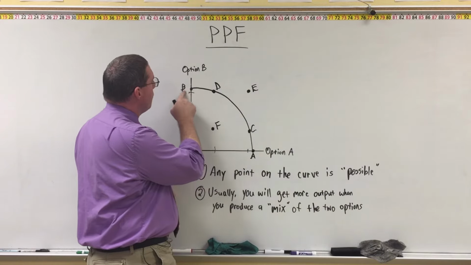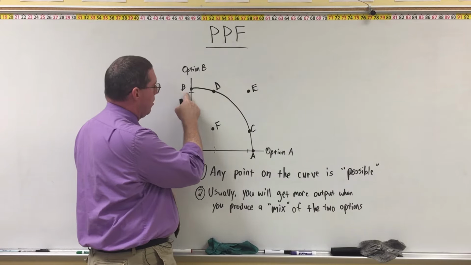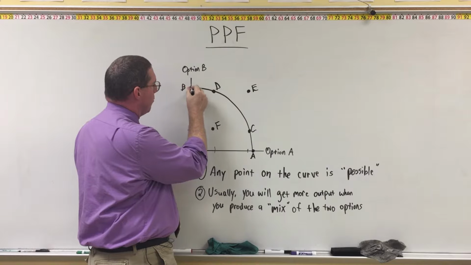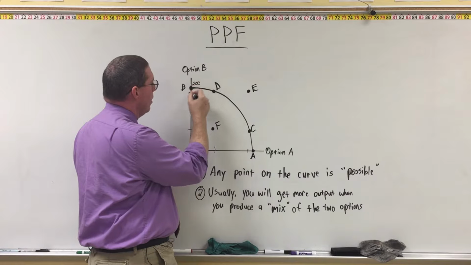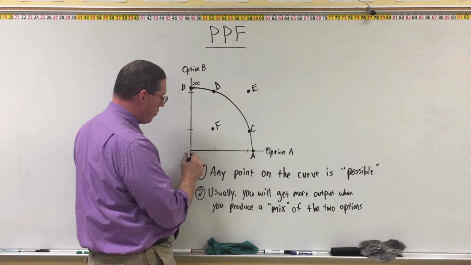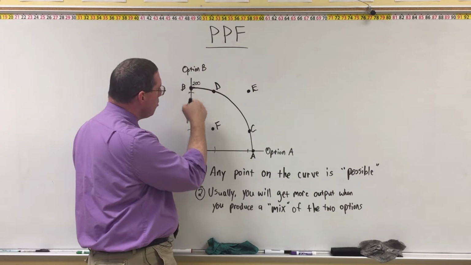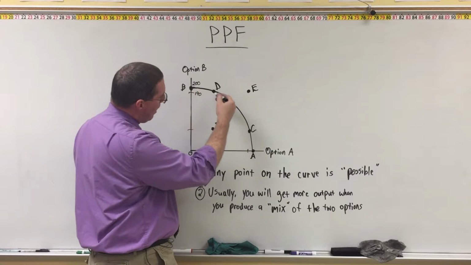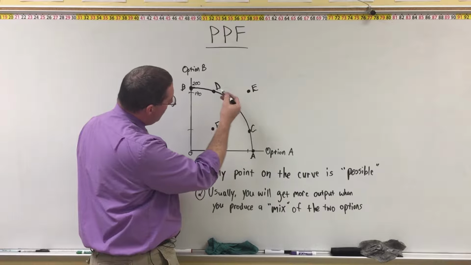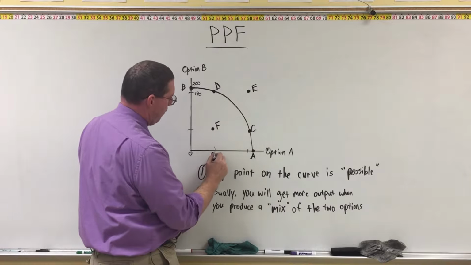Let's say that if we only produce trucks, we're up here at this point here, right? Okay, let's say that that's 200 trucks, okay? And 0 cars. Well, this point right here, that's close to 200. What if that's 190 trucks and let's say 50 cars?